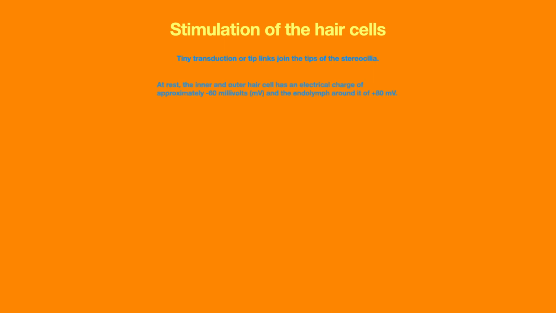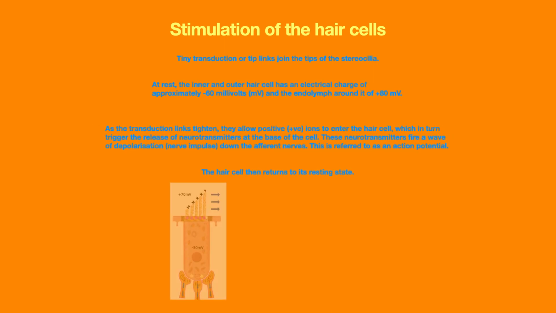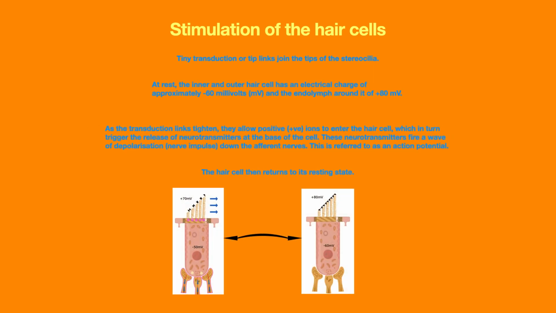Tiny transduction or tip links join the tips of the stereocilia. At rest, the inner and outer hair cell has an electrical charge of approximately negative 60 millivolts and the endolymph around it of positive 80 millivolts.